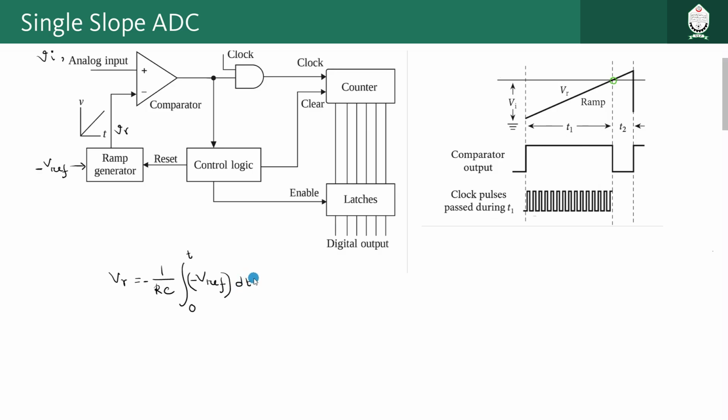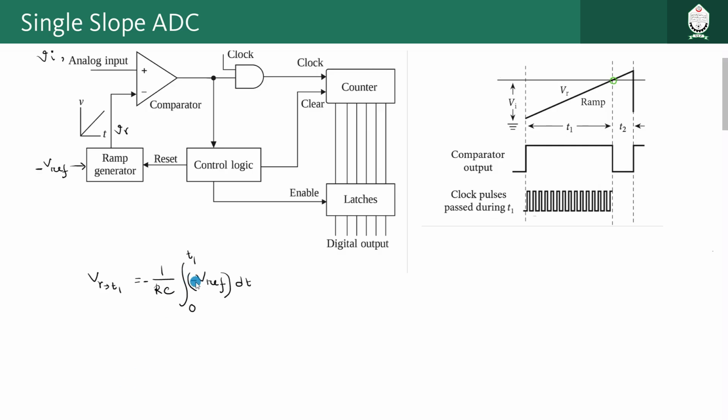Now we will try to calculate the amount of voltage we have accumulated during this t1 time. So we can put the upper limit as t1, right? This is not actually VR, it is VR during t1. Let me write it as VR t1, this is the value.